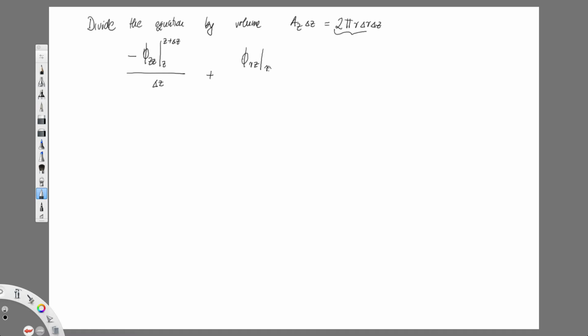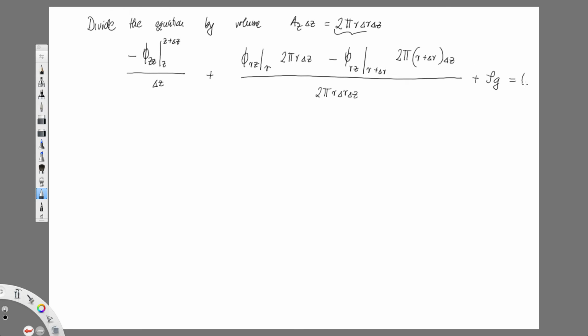So it was phi rz evaluated at r, 2πr delta Z, minus phi rz evaluated at r plus delta r, 2π(r plus delta r) delta Z, and all of that is divided by 2πr delta Z. And then the last term is just plus rho G is equal to 0.